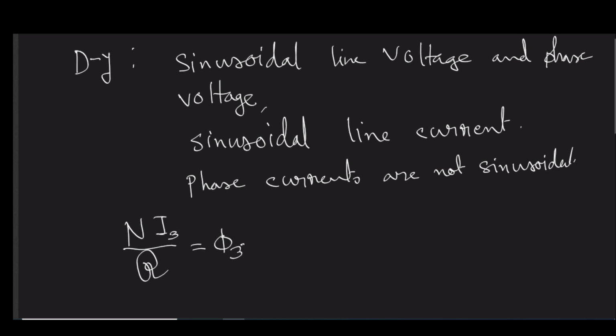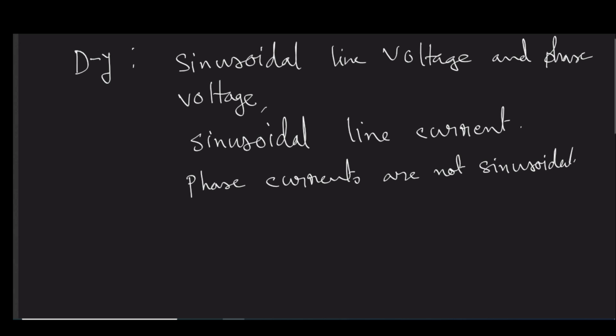Now, if there is a third harmonic current present in your phase magnetizing current, a third harmonic flux will also be present, and that third harmonic flux in the primary side will also link the secondary side winding, and that will cause a third harmonic voltage across your secondary side phase.